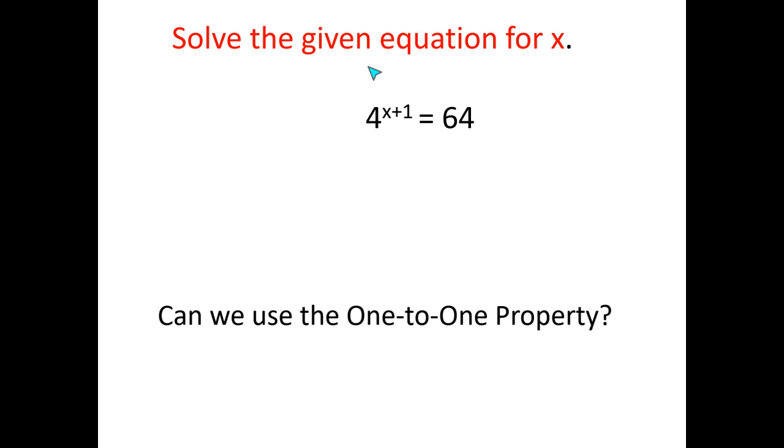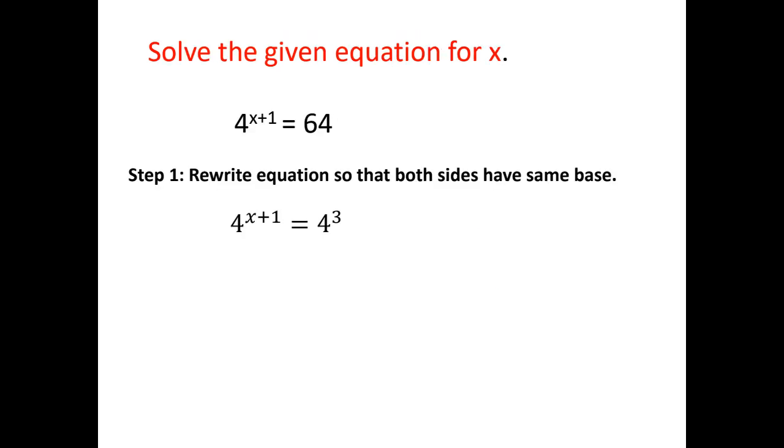Okay, so let's try a couple more. Here it says solve the given equation. Can we use the one-to-one property? The criteria in order to use the one-to-one property is that they have the same base. Here I have a 4 and this one has a 64. So they don't have the same base, but the next question you want to ask yourself is, can we make one of these bases the same as the other? This 64, I could rewrite it to have the same base.